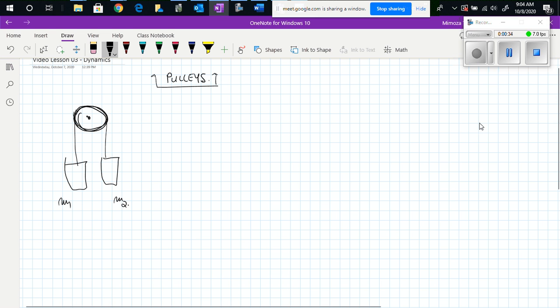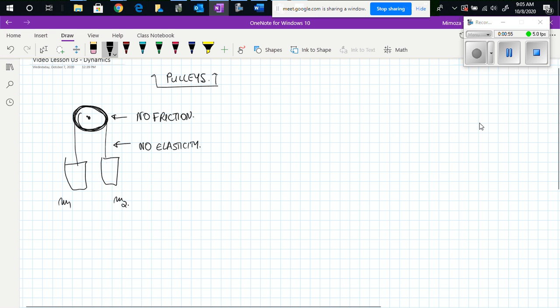And the assumption that we are making here is that there is no friction when the rope is going around the pulley, and for the string, there is no elasticity.